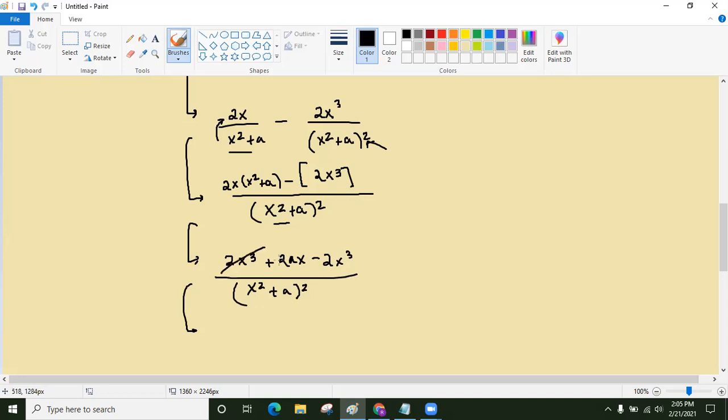And of course, these would cancel out, and we're left with 2ax over x squared plus a squared, which is essentially our final answer.